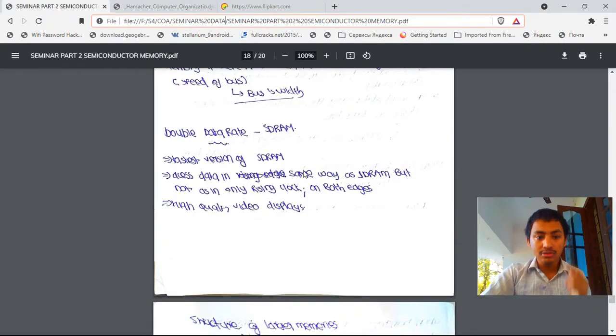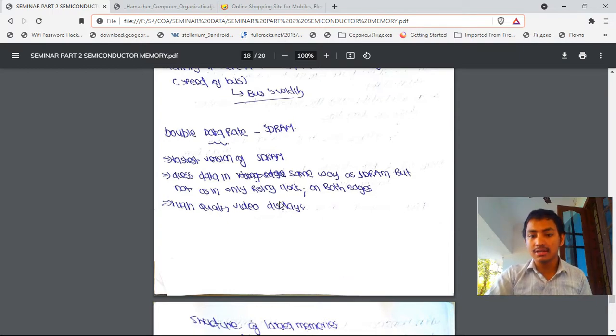This is the latest version of SDRAM. Data access is in the same way as in SDRAM, but there is a small difference. In SDRAM, data is accessed on the rising edge of the clock.